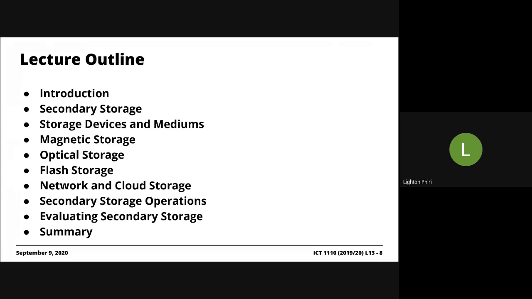And then focus more on issues to do with some operations that you tend to perform insofar as data and persistent storage is concerned. And then towards the end, we'll wrap up by looking at some evaluation aspects that we need to take into account when you're evaluating different types of storage mediums.